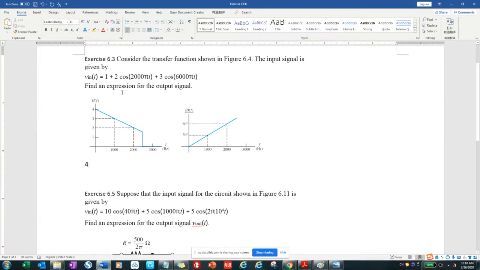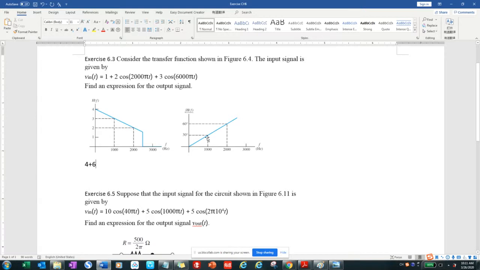The magnitude multiplied by the magnitude, you're going to get a 6. So the magnitude will be 6. Then look at the phase angle. If the frequency is 1000, you can see the phase angle will be 30 degrees. For the previous component, the input component, you don't have a phase angle.